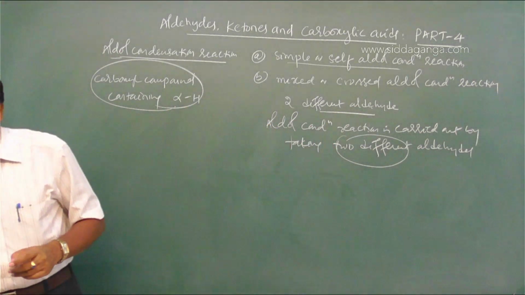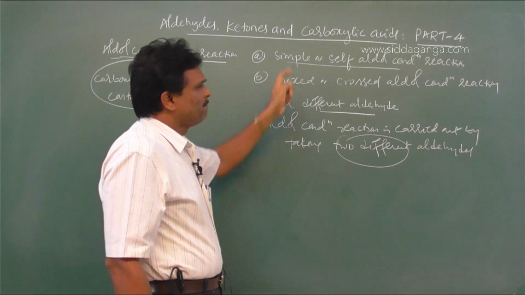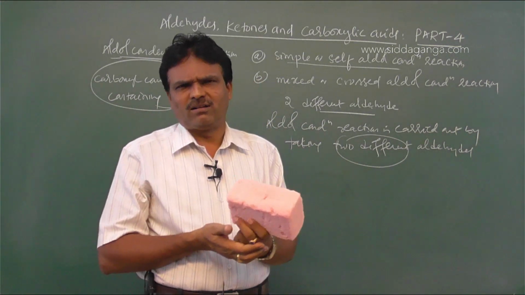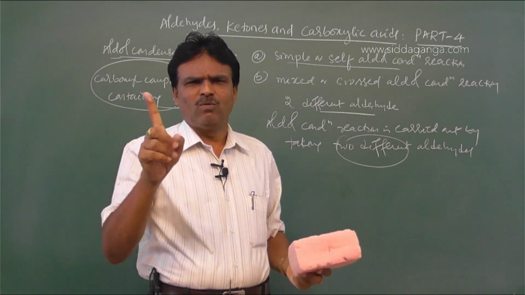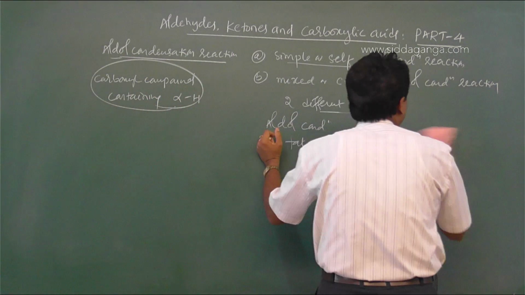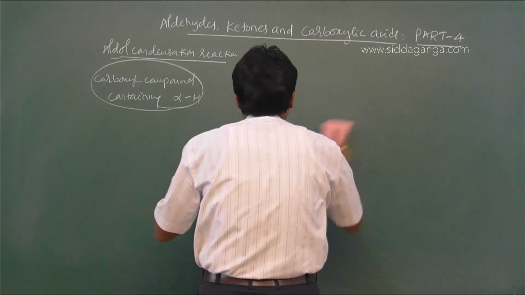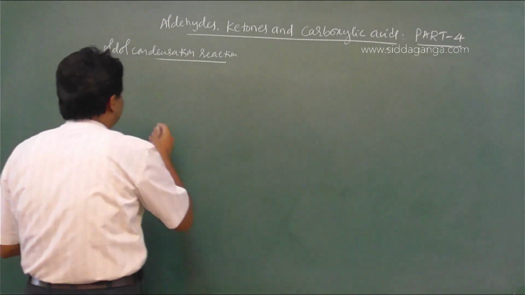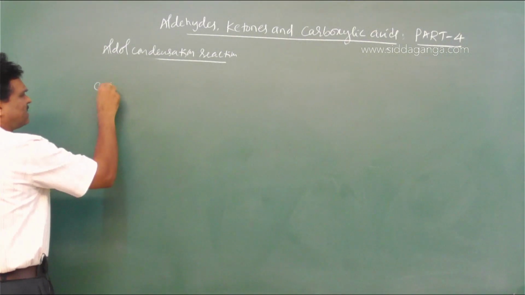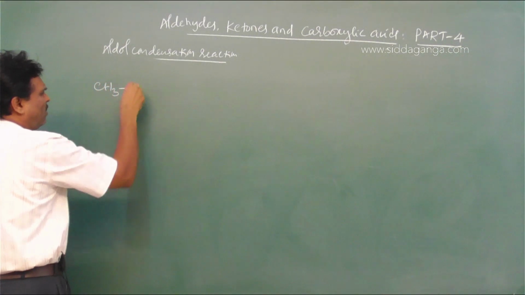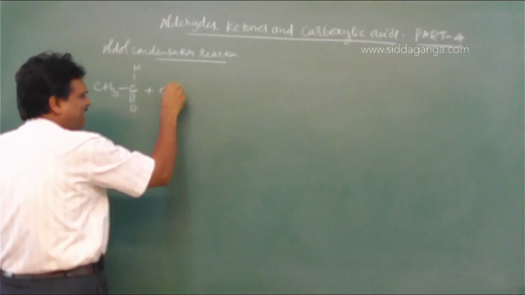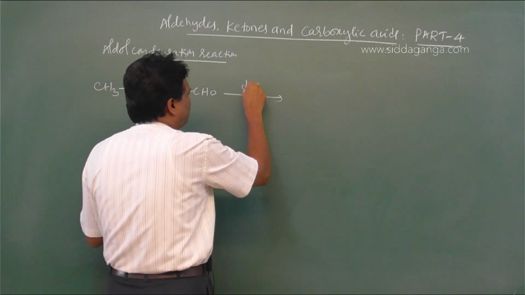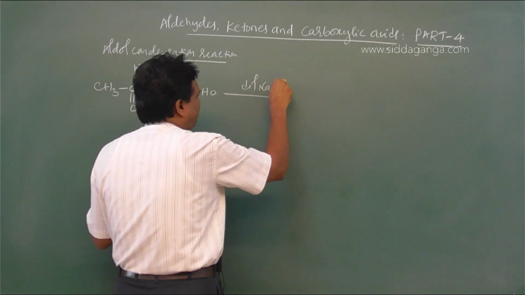Now in case of simple aldol condensation reaction, we get one aldol. If acetaldehyde molecule is involved, acetaldehyde CH3CHO and again CH3CHO in the presence of dilute sodium hydroxide solution.